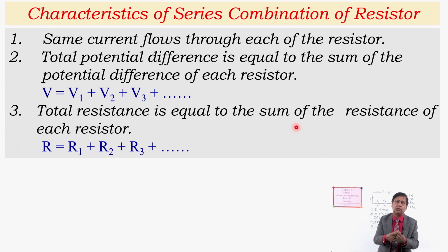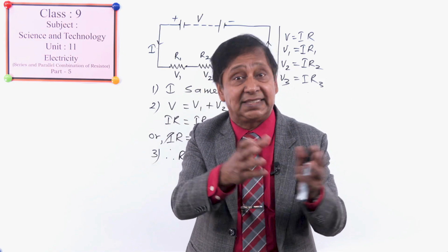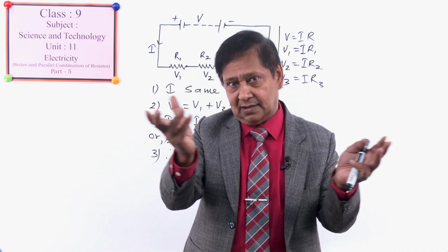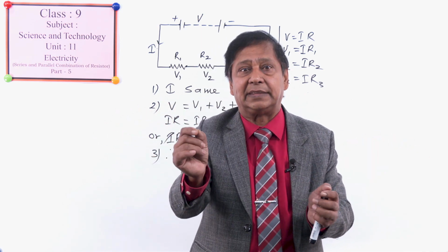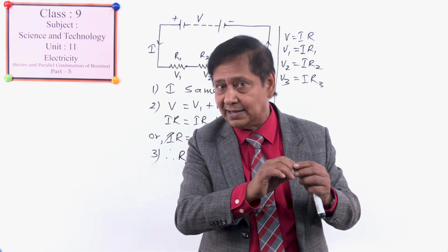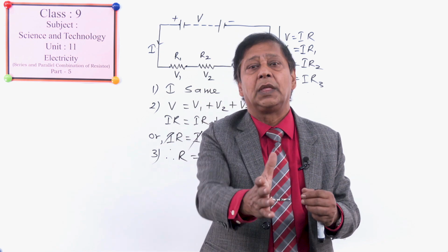Do you know where we connect resistors in series? In the decorating lights. Decorating lights which we use in festivals, maybe in Dashain, Tihar or any other festival, the decorating lights are connected to each other in series combination. This is an example of series combination.